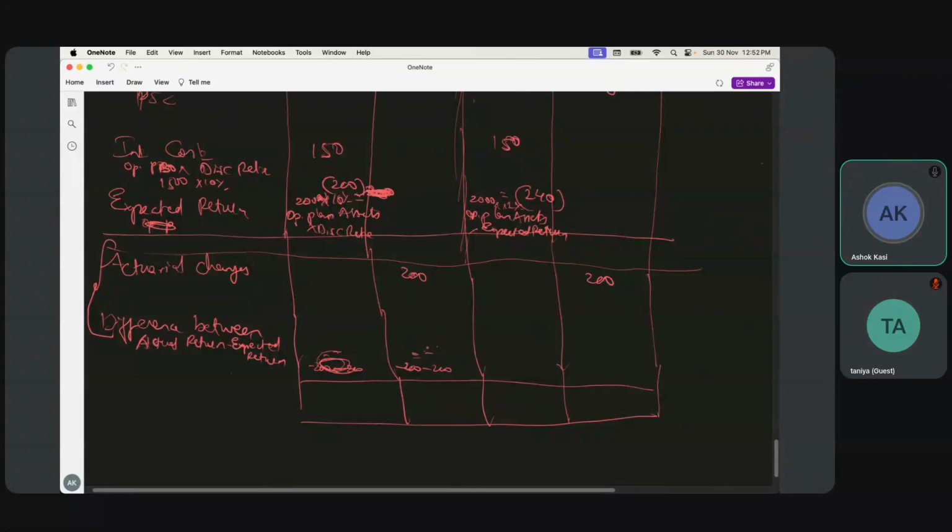Because it is a negative number, I am writing it positively. Why? Because a negative number is a cost, so all negative numbers I'm writing positively. This one I wrote negatively because it is a positive number.